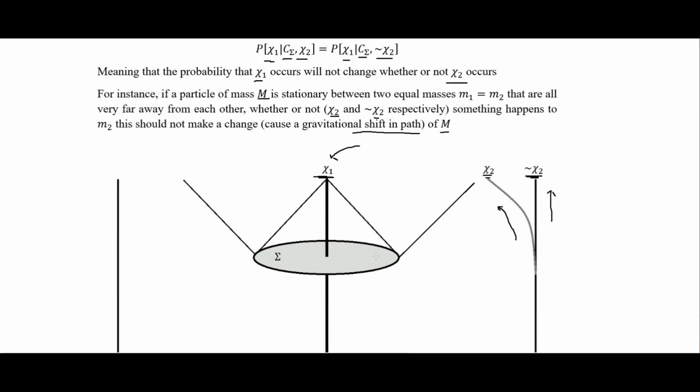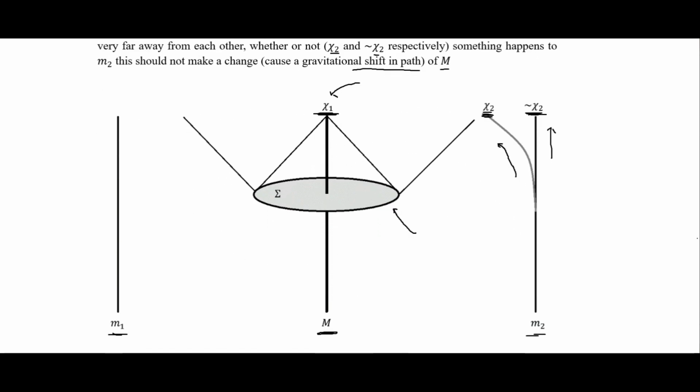And so we're looking at the past light cone of this sigma here, of this event chi sub 1 right here. And this chi sub 2 either not happening or happening should not change whatever happens here at chi sub 1, whatever might be happening to our uppercase M right there.